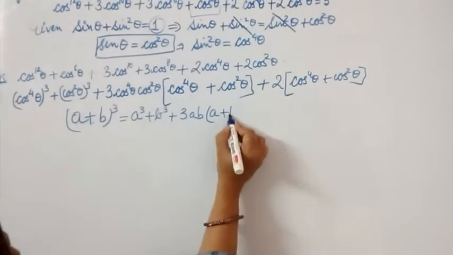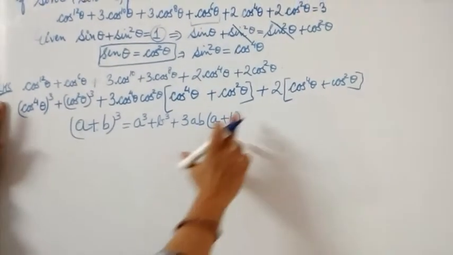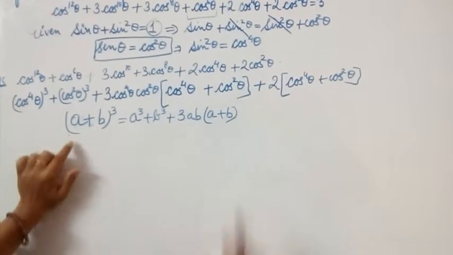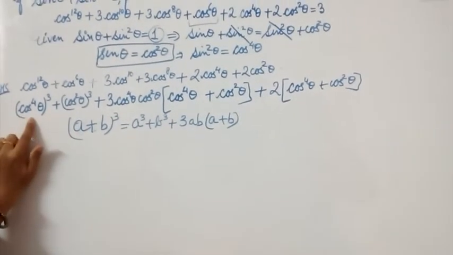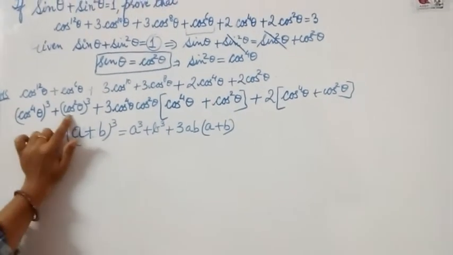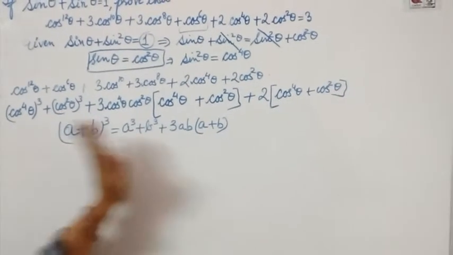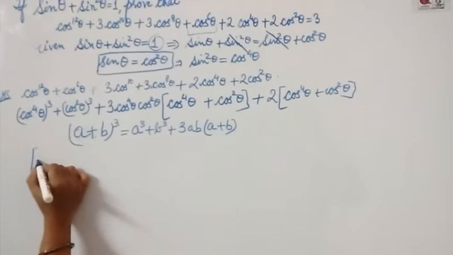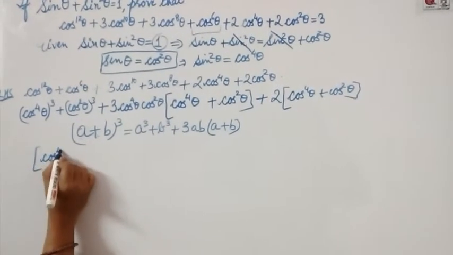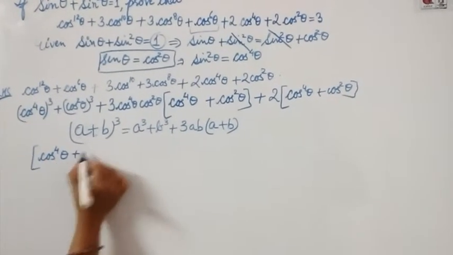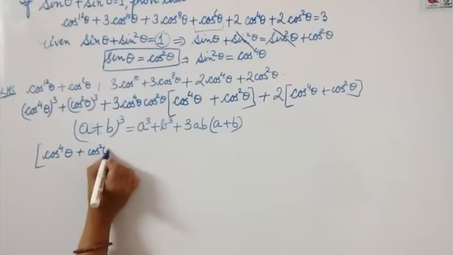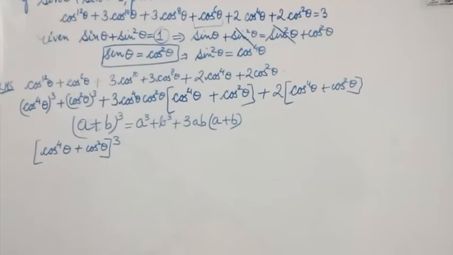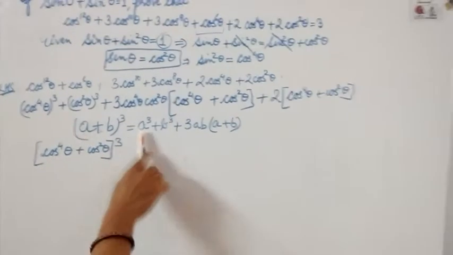Inside the bracket we have a plus b. Isn't it resembling this? Yeah, we can replace a with cos to the power 4 theta, and we can replace b with cos square theta, and we are going to get the same thing. So here this whole thing squeezes to cos to the power 4 theta plus cos square theta, whole cube. Is it right?